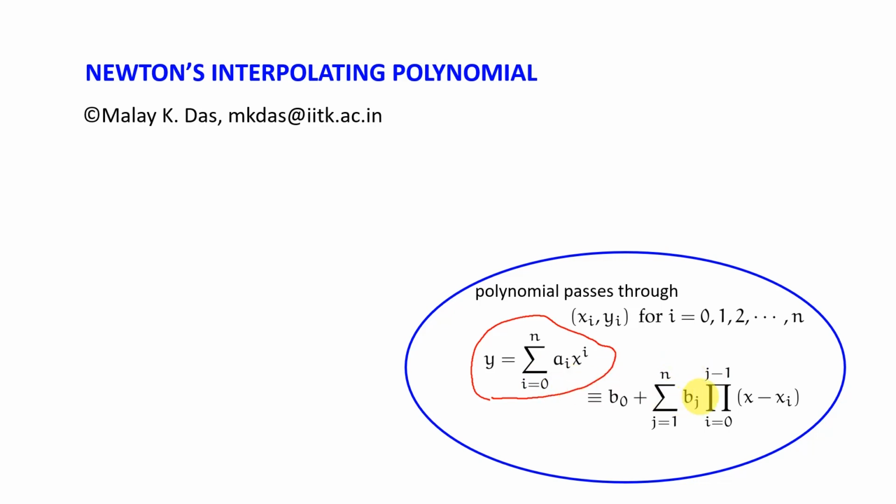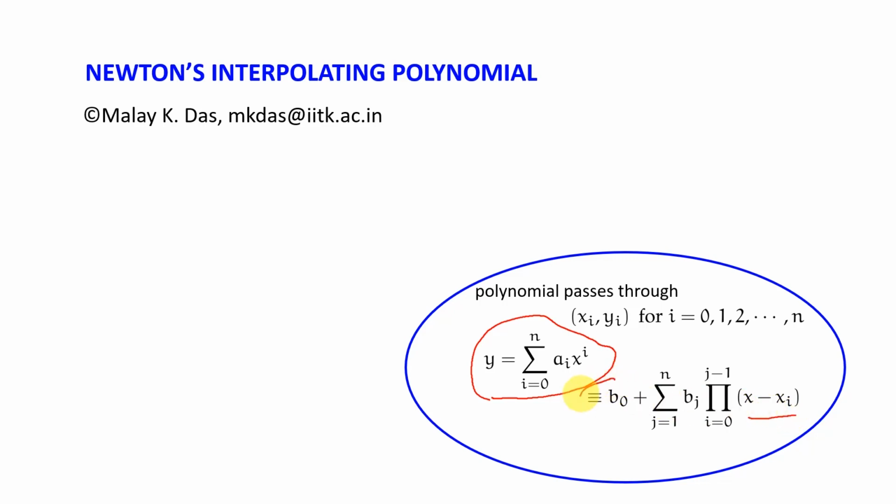However, we can also define this polynomial as b0 plus summation j equals 1 to n of bj multiplied by the product of x minus xi.